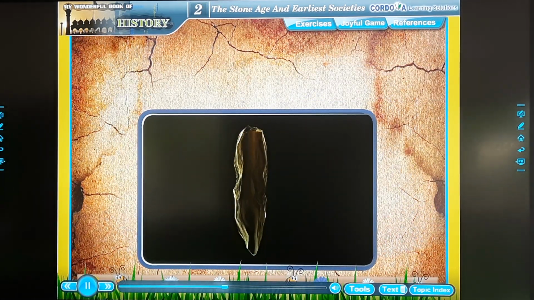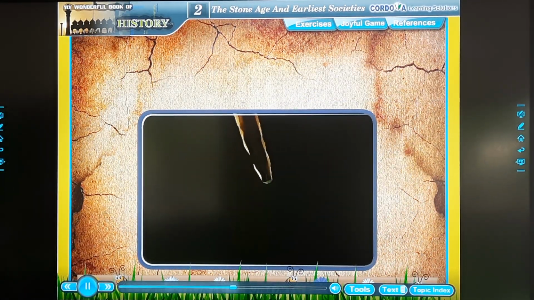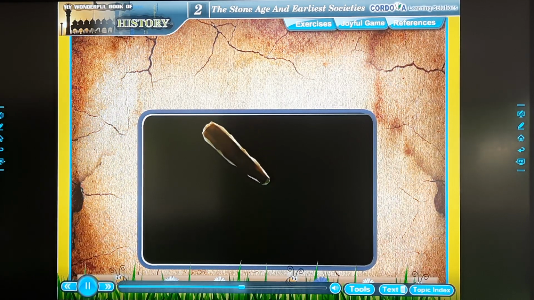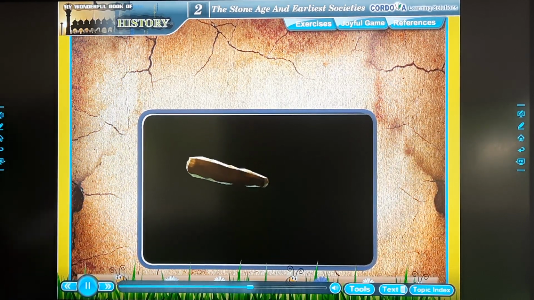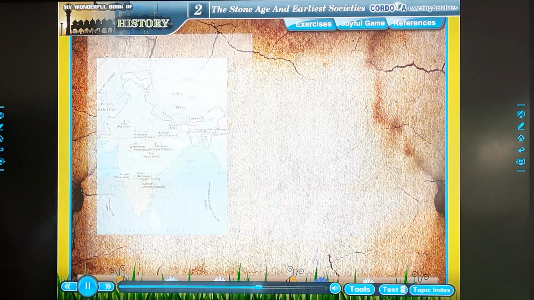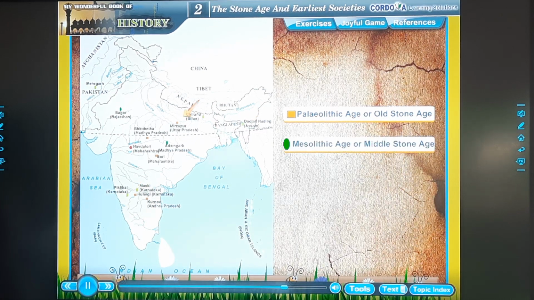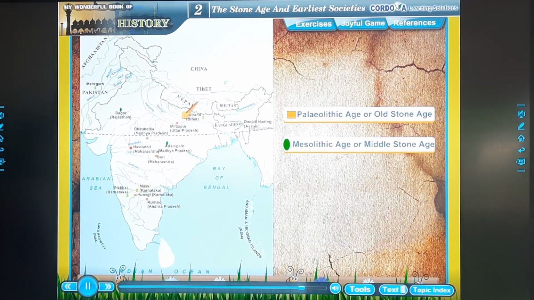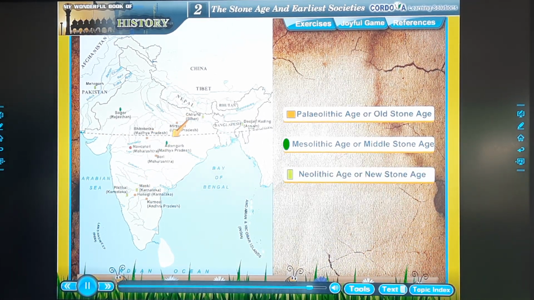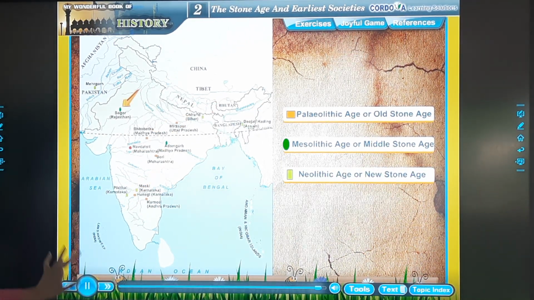Stone Age is classified into 3 sub-periods on the basis of the type and quality of stone tools used by early humans. Number 1. Paleolithic Age or Old Stone Age. Number 2. Mesolithic Age or Middle Stone Age. Number 3. Neolithic Age or New Stone Age.